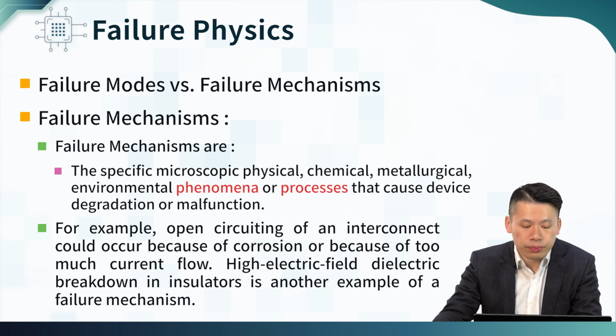Therefore, corrosion or high current flow can be the failure mechanism for an open circuit of the interconnection line. Or, for example, high electric field dielectric breakdown is another example of a failure mechanism.